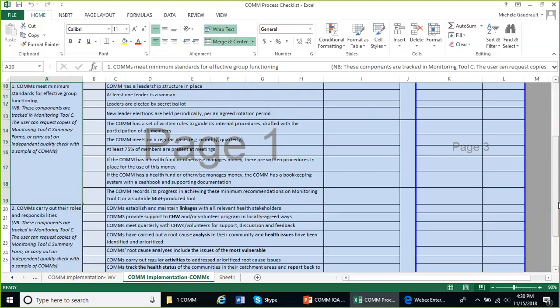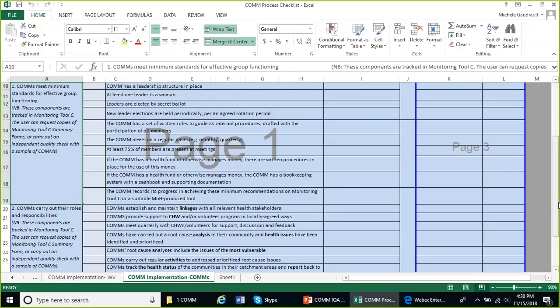So, a national office health manager or a TSO staff who's visiting the field, or me when I'm visiting the field, I can use this tab here to structure a focus group discussion with a COMM to understand what they're doing, as a verification of what's coming through the monitoring system.